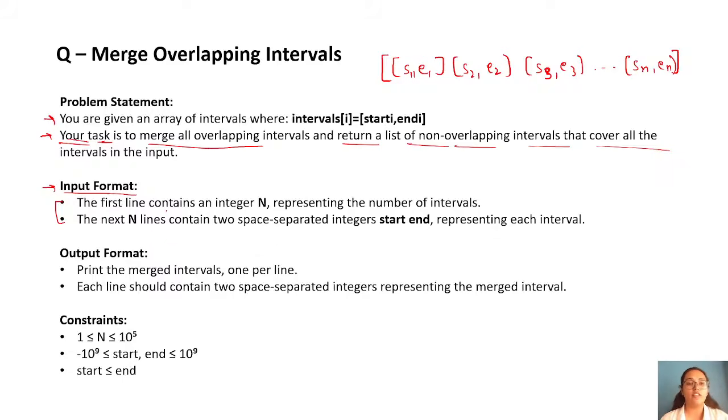Now the first line contains integer n representing the number of intervals. So n represents the number of intervals that you are having. And what is the next line? Next n lines contain two space separated integers, start and end, representing each interval.